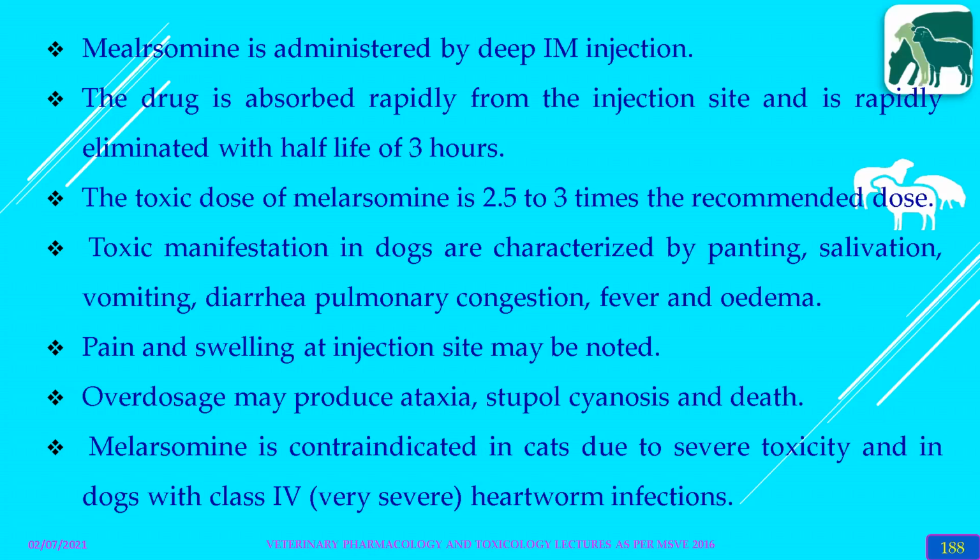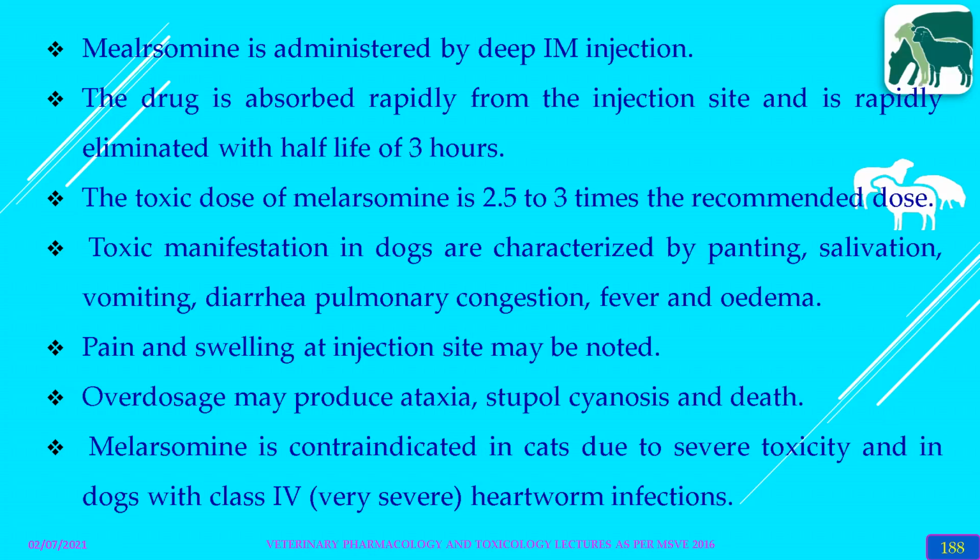There is panting, salivation, vomiting, diarrhea, pulmonary congestion, fever, and edema may also be seen. There may also be pain and swelling at the site of injection because the drug has irritant property. Sometimes overdose may produce ataxia, incoordination, stupor, cyanosis, and sometimes it may cause death also.